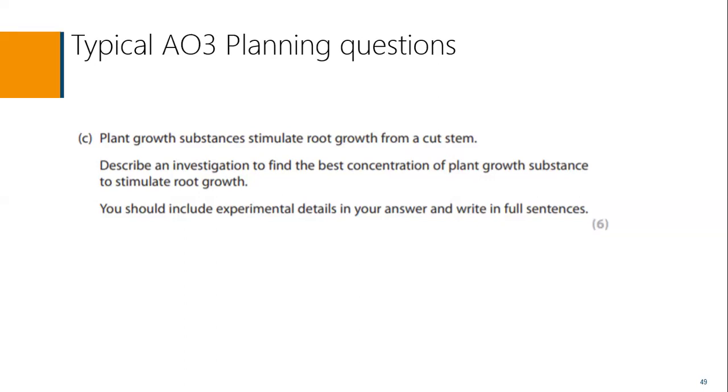You should include experimental details in your answer and write in full sentences. So students are required to give a detailed account of how they would carry out this investigation, with details about how they would generate reliable results, the variables that will need to be controlled, a standard plan for an investigation.